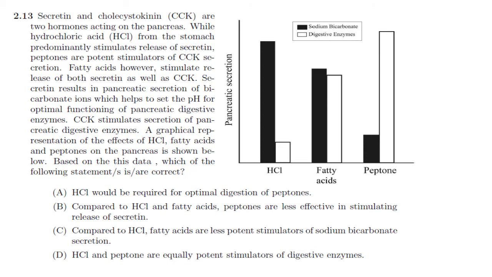They stimulate both secretin and cholecystokinin. So when fatty acids stimulate secretin, it results in secretion of bicarbonate ions, and when fatty acids stimulate cholecystokinin, it will result in pancreatic digestive enzyme production.